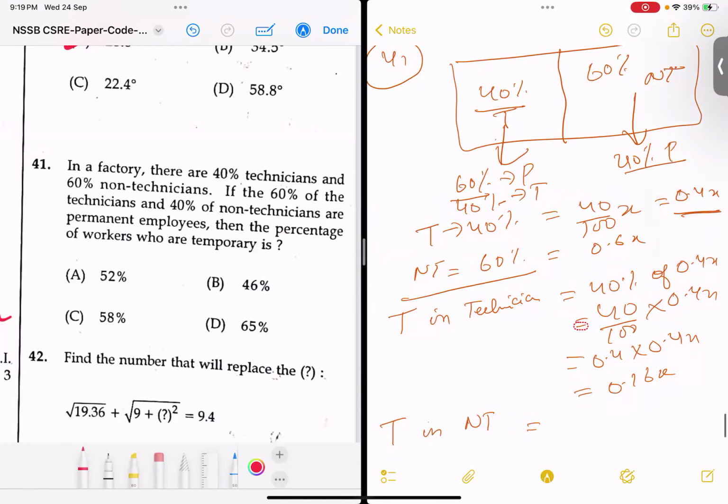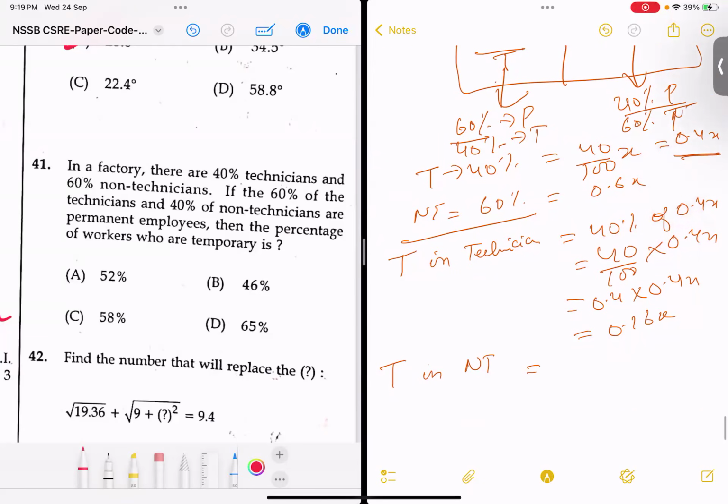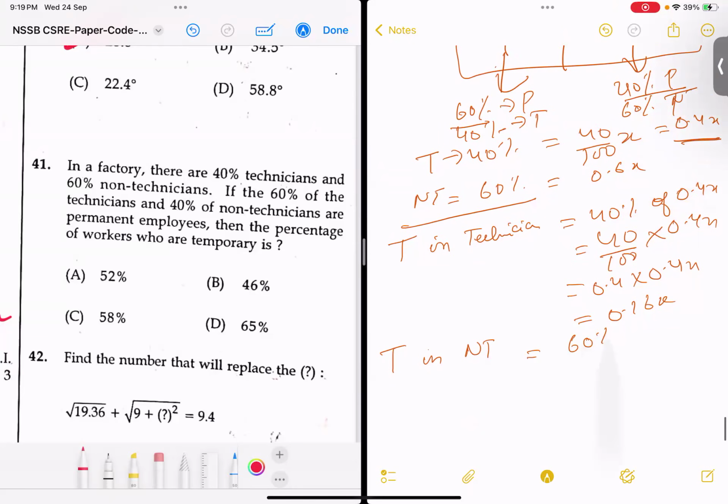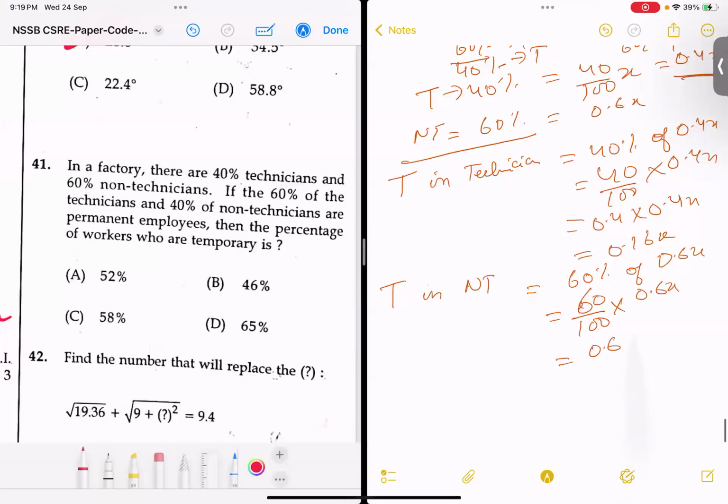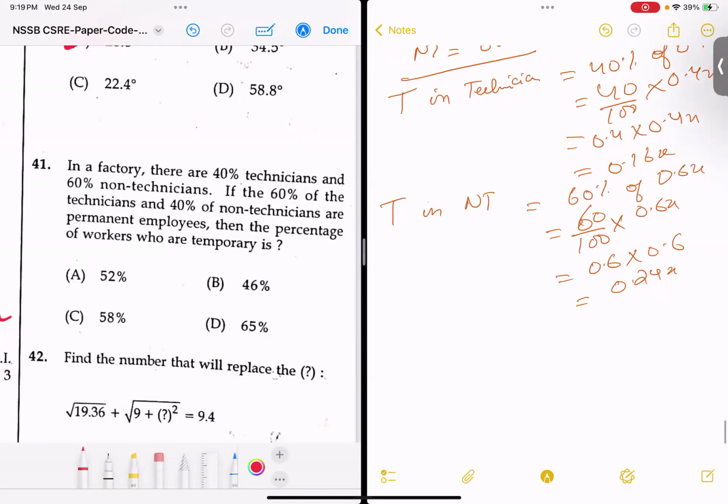And if 40% are permanent, 60% are non-permanent or temporary, right? Which means it should be 60% of 0.6x, which is 60 by 100 into 0.6x, which is 0.6 into 0.6, equal to 0.24x, right?